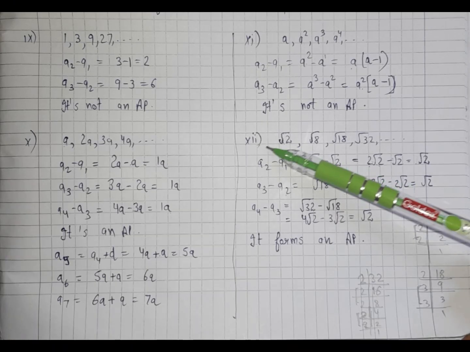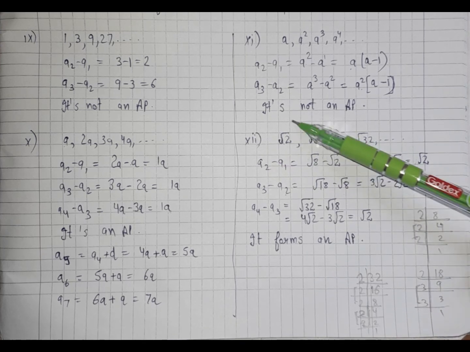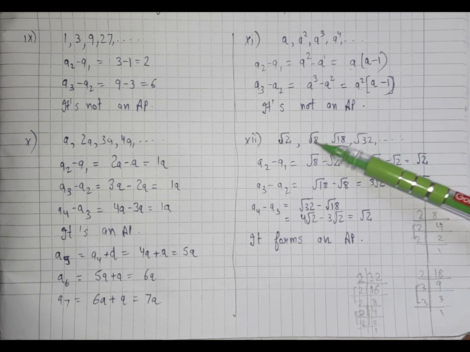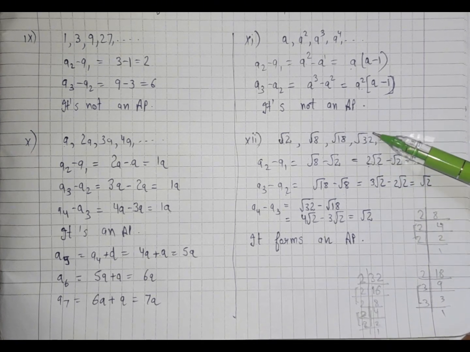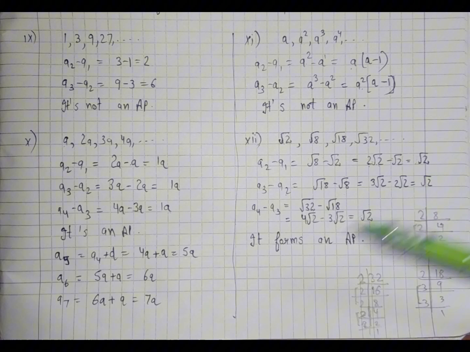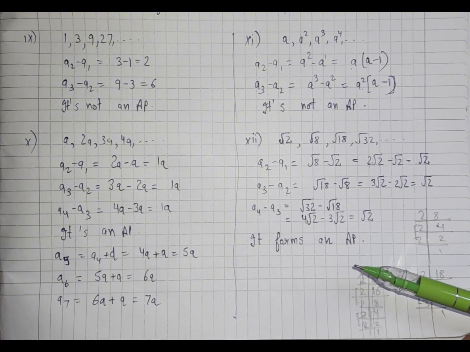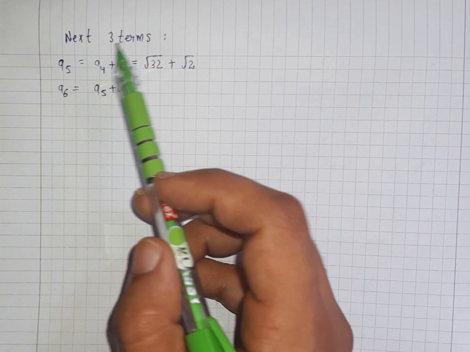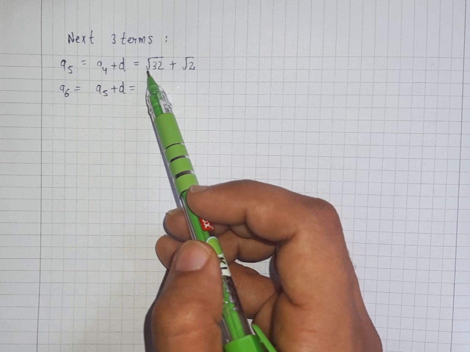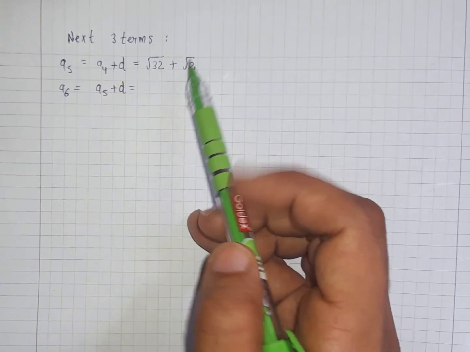In the 12th part, a2 minus a1 equals root 2, a3 minus a2 equals root 2, and a4 minus a3 also equals root 2. So it forms an AP. Now for the next three terms, a5 equals the fourth term plus d. The fourth term is root 32 and the difference is root 2.